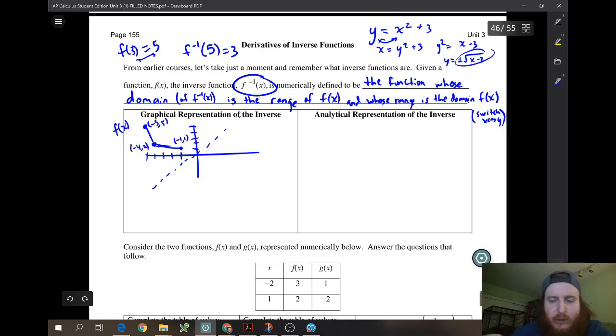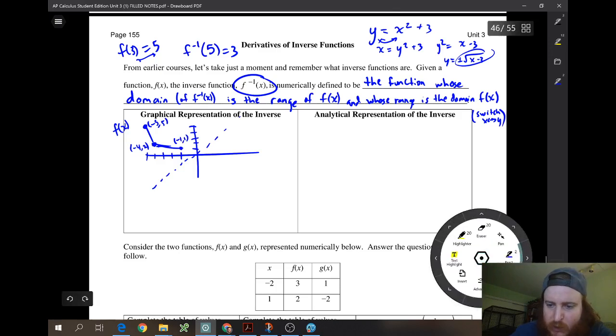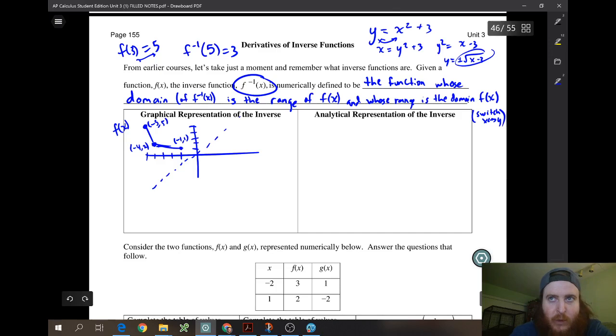So for our inverse, I'm going to use another color, we'll use red. What's going to happen is we're just going to flip our x and our y. So if we flip -5, 5, that turns into 5, -5. That would be on our inverse function. If we flip -4, 2, that's going to turn into 2, -4.